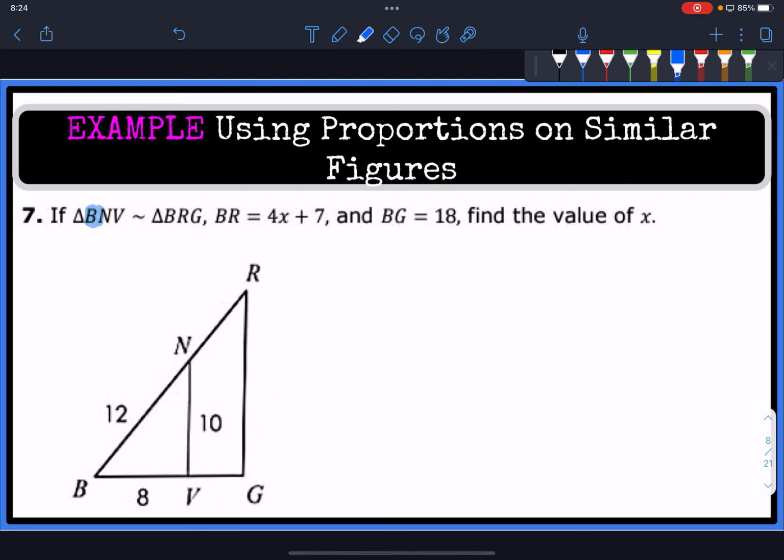So if I look at the distance from B to N, this side, that's going to correspond to the distance from B to R. So that's this entire distance right here.